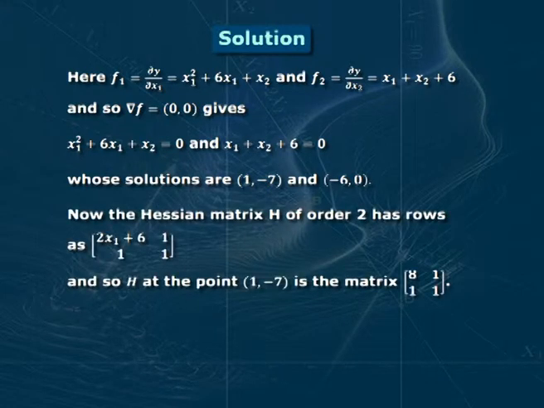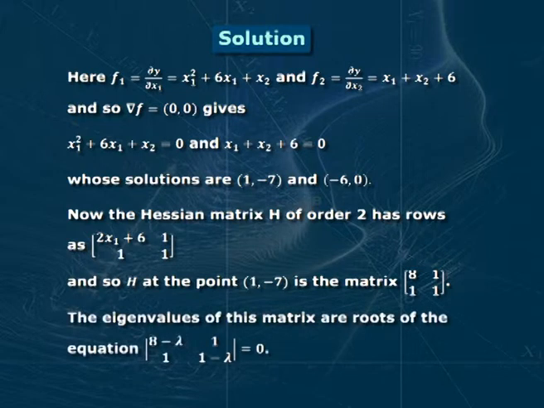Now, the Hessian matrix H of order 2 has rows as (2x1 plus 6, 1) and (1, 1), and so H at the point (1, -7) is the matrix with rows (8, 1) and (1, 1). The eigenvalues of this matrix are roots of the equation determinant of (8 minus lambda, 1; 1, 1 minus lambda) equal to 0.